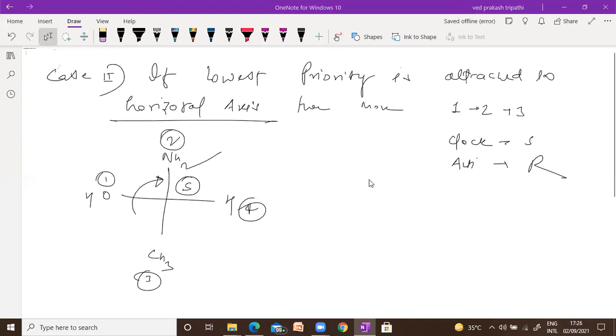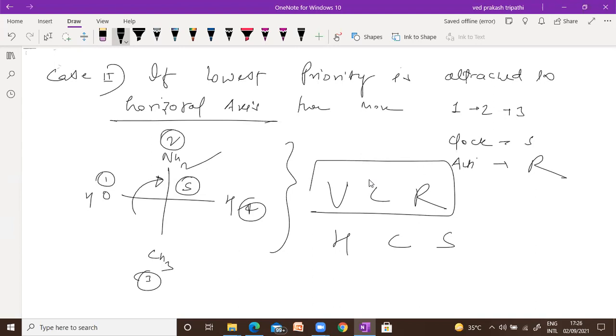Okay, now listen to me. How can you memorize these rules? So VCR and HCS, simple. This is video cassette recorder, meaning lowest vertical. When the lowest priority is associated to the vertical and it is going clockwise, so R. And similarly, when lowest is attached to the horizontal and it is going clockwise, then S, simple.